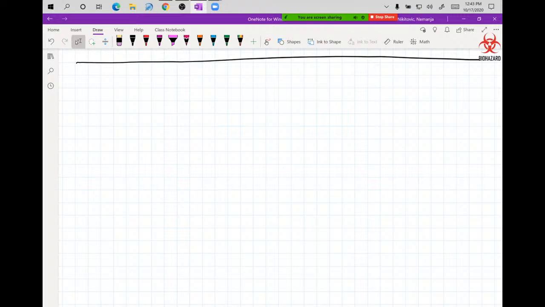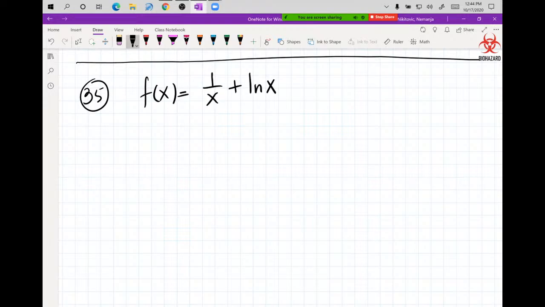Let's go with, okay, let's start with problem 35, because it is 1 over x plus ln x.